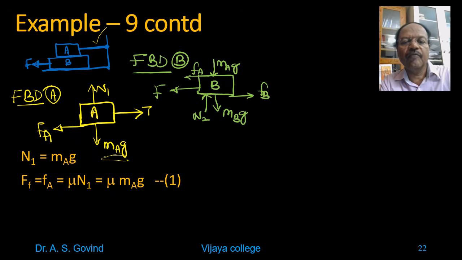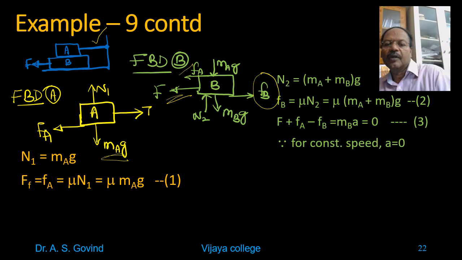And free body diagram for B, weight of A is acting downwards from the top. Its weight is acting on the ground, m_B g. Normal reaction from the ground, friction from A is this one, and friction between B and ground, and the force that we have applied.